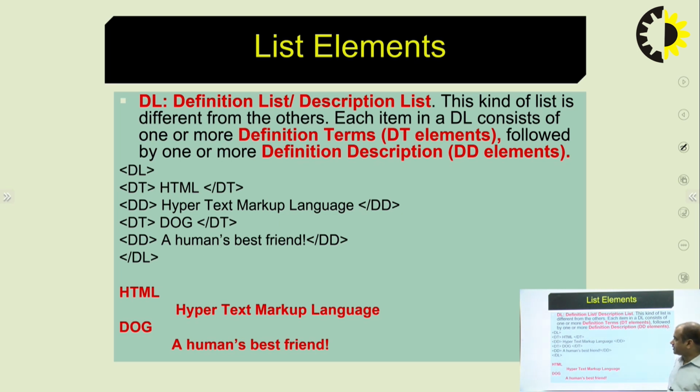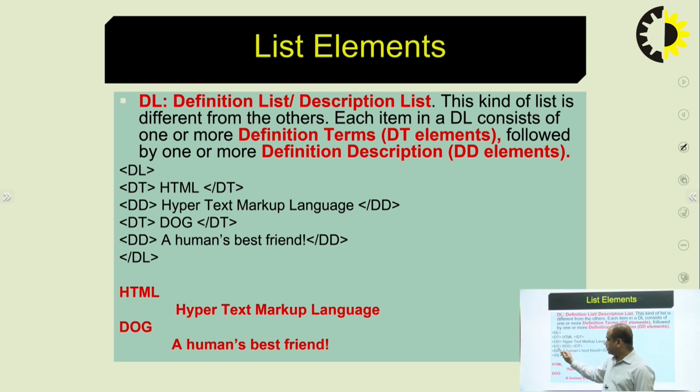This list has no marker, but we have to define the definition term and definition data. DL is the start of my definition list, DT represents the definition term, and DD represents the definition data. These are pair tags, so they will be closed.